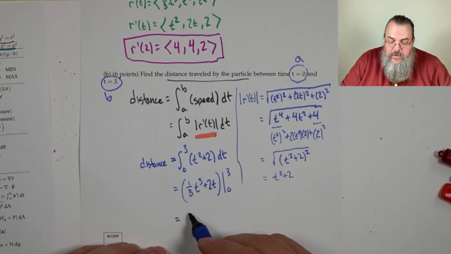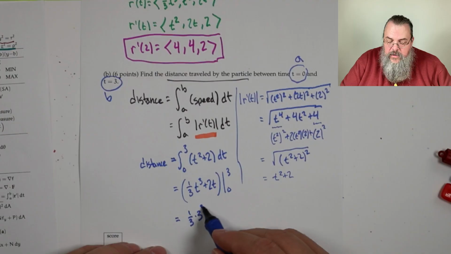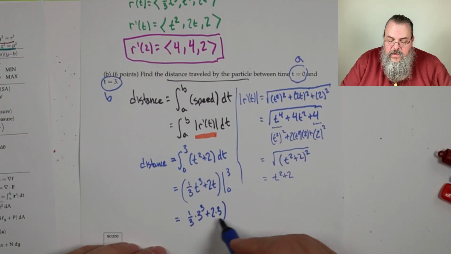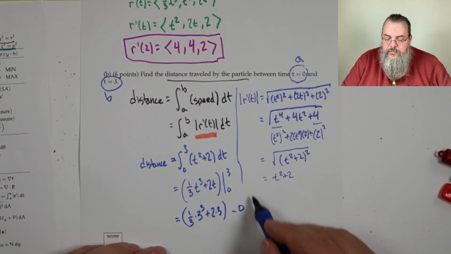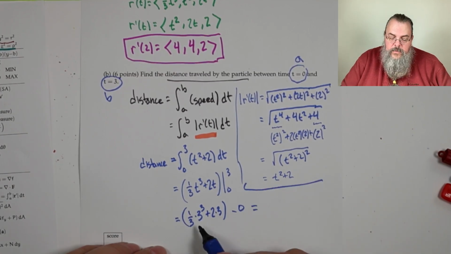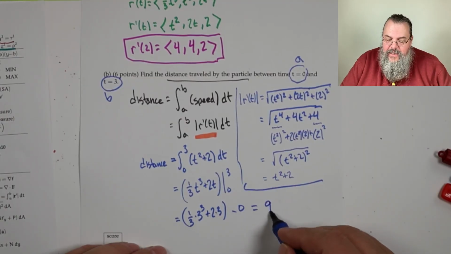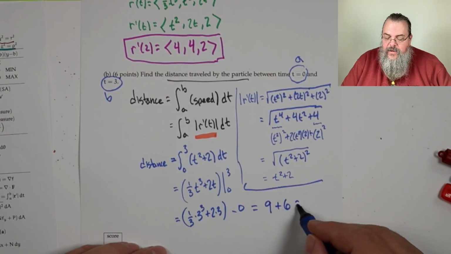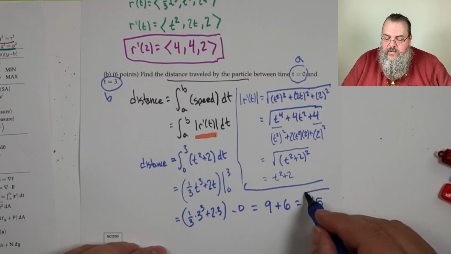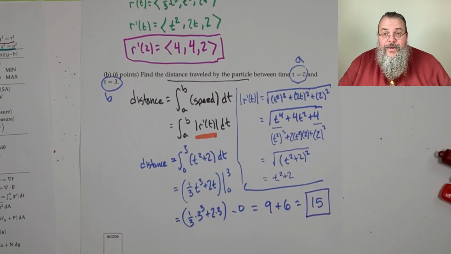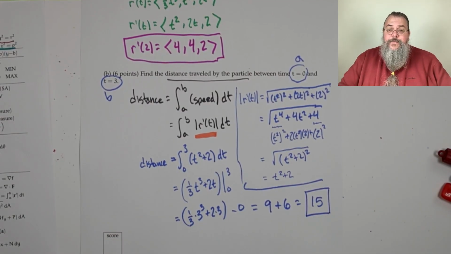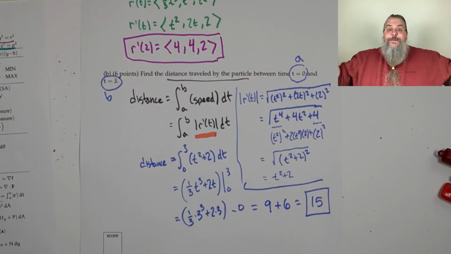That's going to be 1/3 times 3 cubed plus 2 times 3, and subtract the 0. Well, 3 cubed is 27, but really you can say, oh, cancel out a 3, so it's like 3 squared. So we get 9 and 6, which means our distance is 15. We don't have any units, so we just say 15, and we're done.